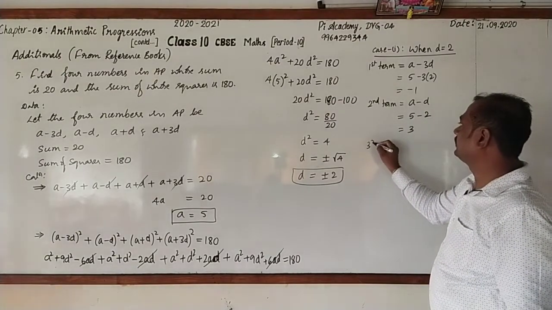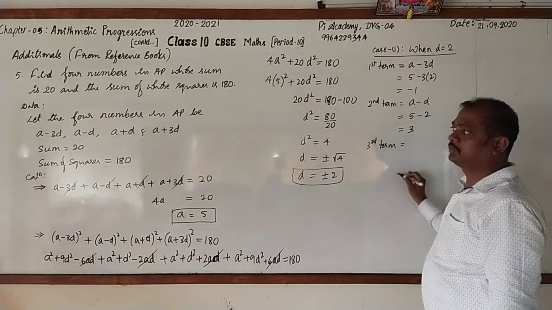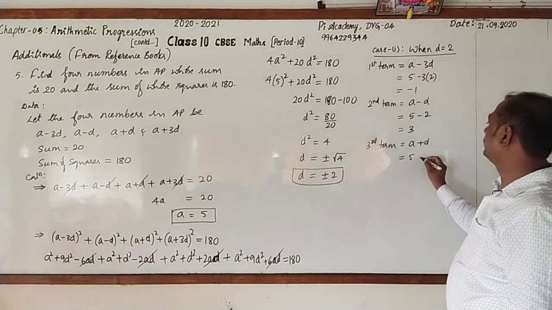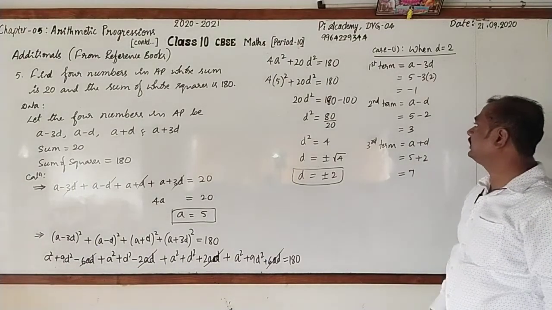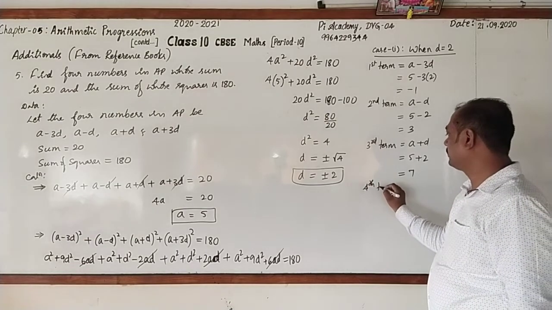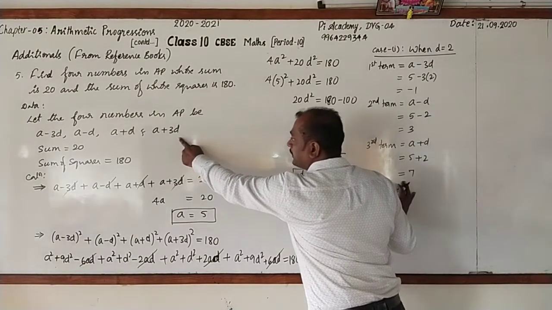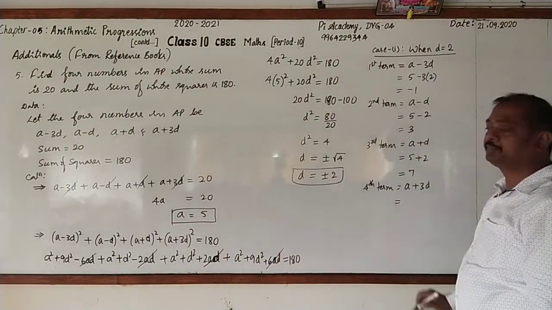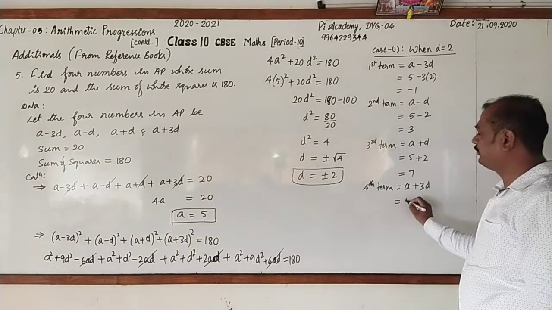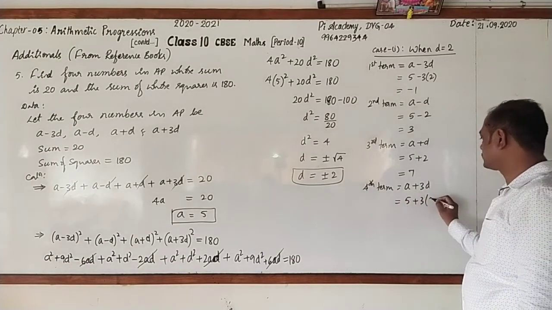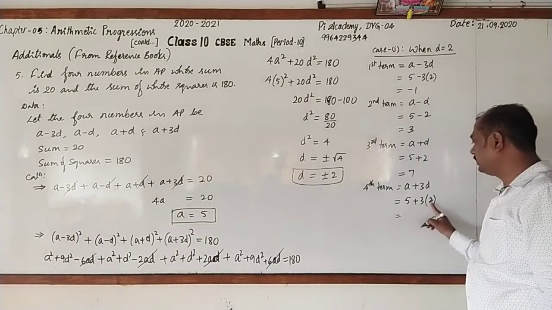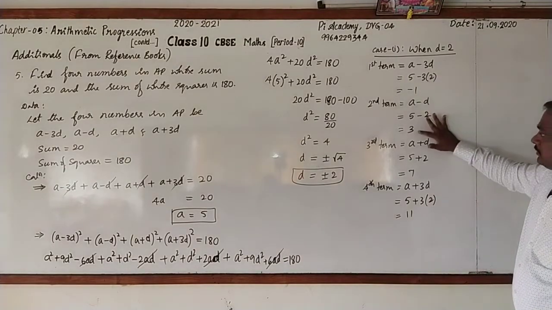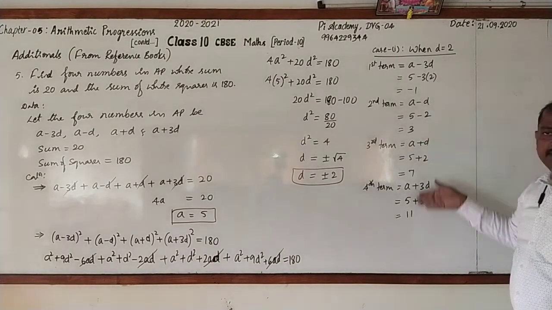This is 3. Third term: A plus D, this is 5 plus 2 is equal to 7. And the fourth term is A plus 3D, where A is 5 and D is plus 2. 3 2s are 6, 6 plus 5 is 11. See that? Minus 1, 3, 7, 11. These are the 4 terms.